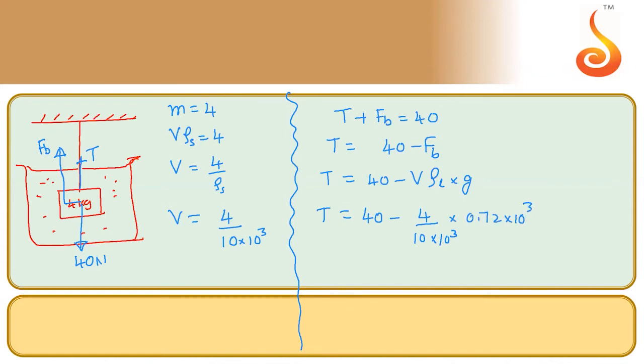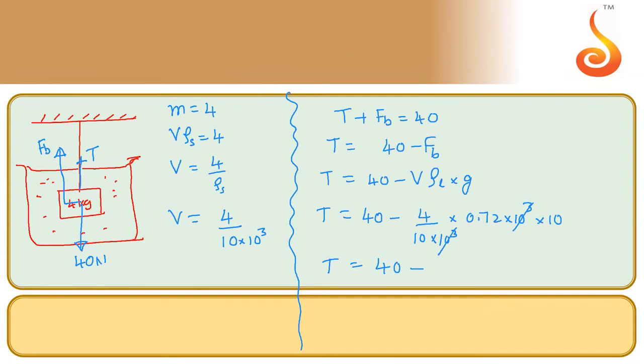Why? Because they gave the relative density of the liquid as 0.72. Relative density into density of water gives the density of that object. So this gets cancelled, and 10 also gets cancelled.